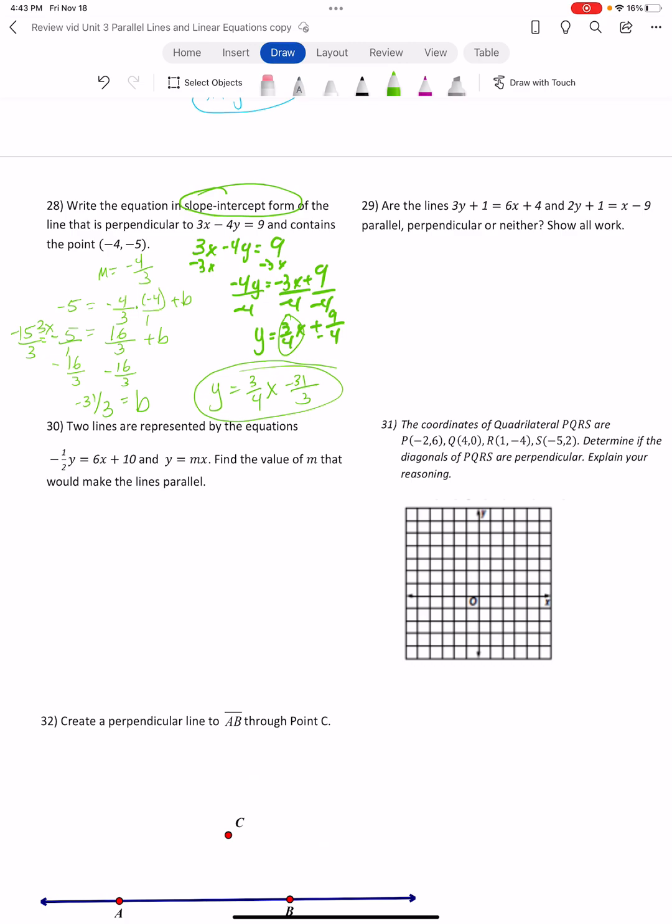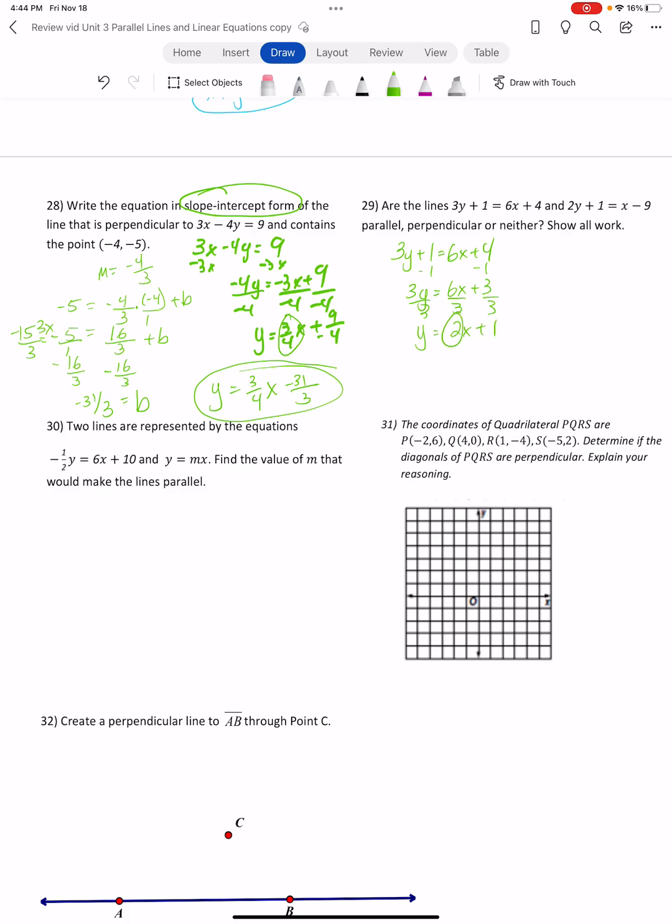All right, are the lines parallel, perpendicular, or neither? For this here, okay, I'm going to put this in slope-intercept form. So I'm going to subtract 1. This is 3y is equal to 6x plus 3, divide by 3. Y is equal to 2x plus 1.